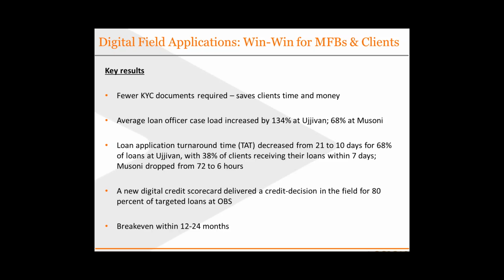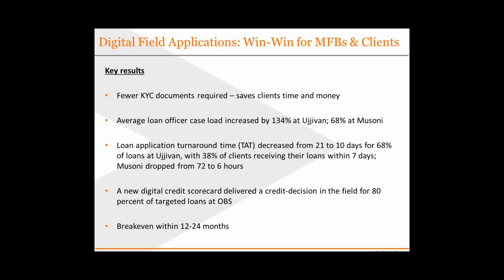At Ujjivan, the credit bureau check is only valid for, I believe, 7 days, and therefore if the loan application process went beyond that, it required initiating a second credit check, which lengthened the turnaround time and also increased costs by having to request two or multiple credit checks.